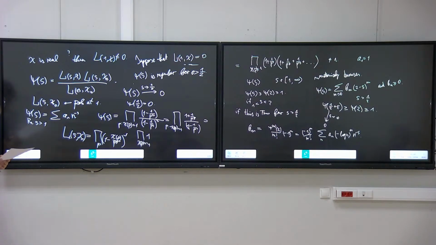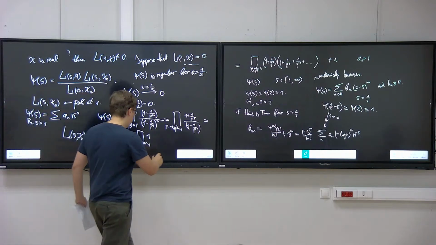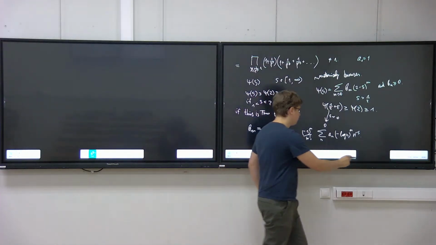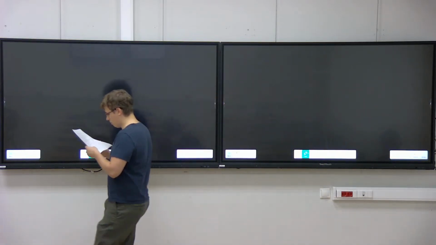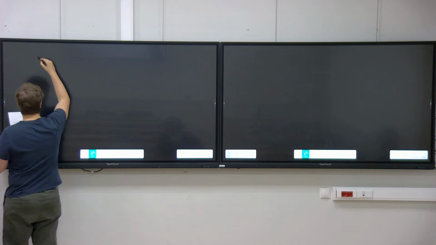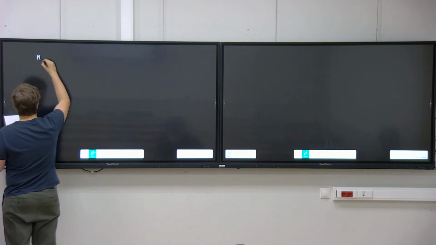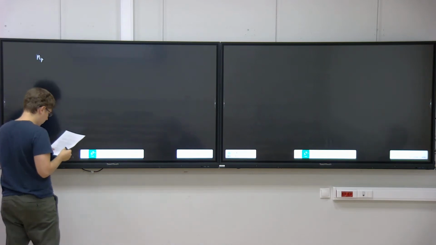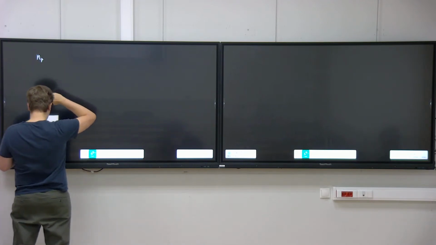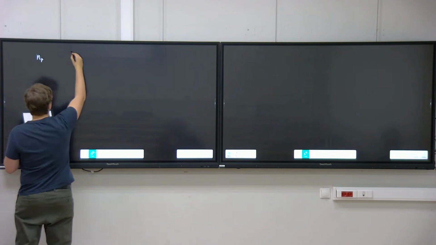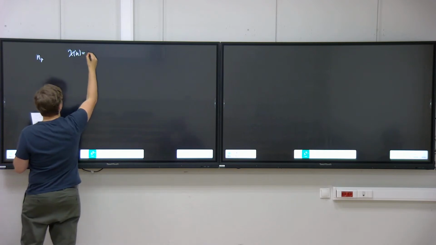I think let us move to problem 4 because it's interesting. Это у нас символ Лежандра. Да. Kind of a Legendre symbol.